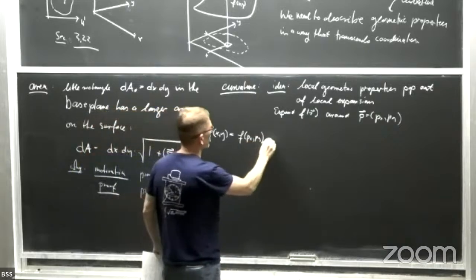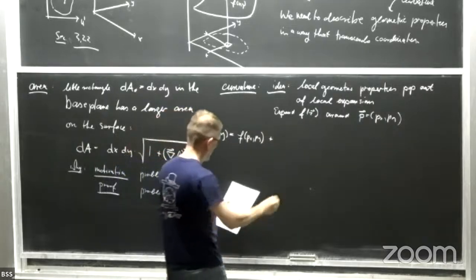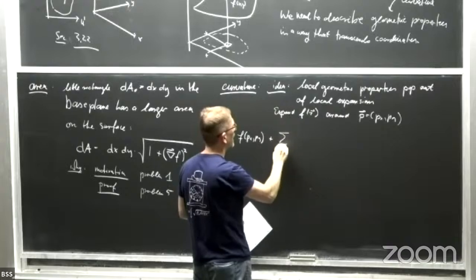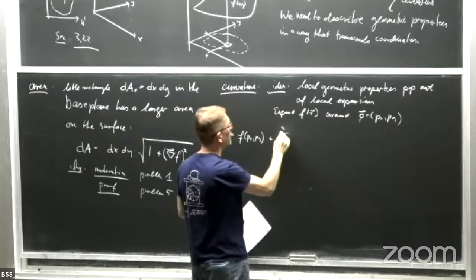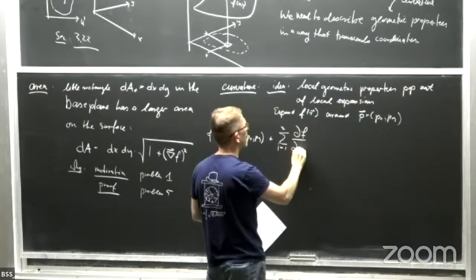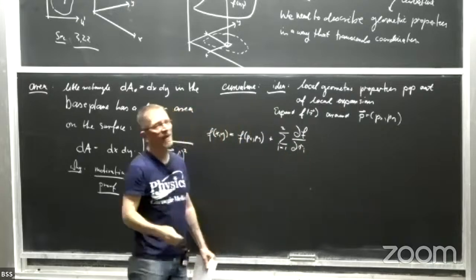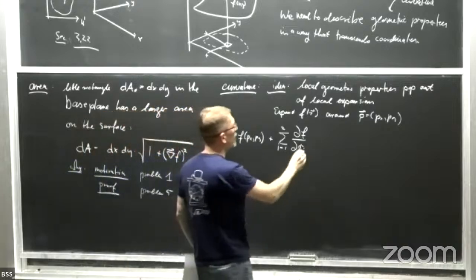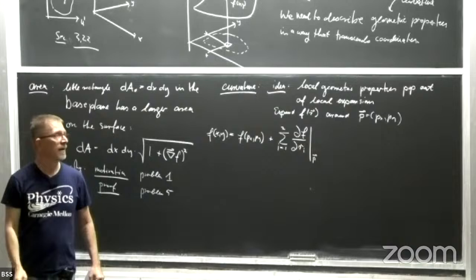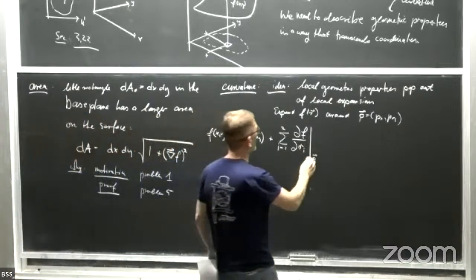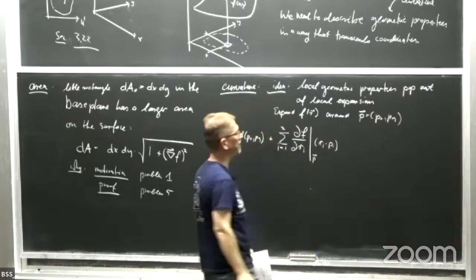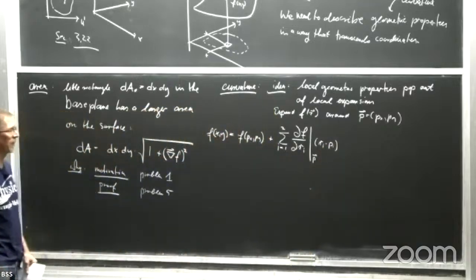Plus, now comes the first order term, which is, since we have two dimensions, x and y, a sum, i from 1 to 2, df by dri. ri is x and y. You need to evaluate this at the point P, because that's where we're expanding. And then you multiply it by the expansion distance, ri minus pi. And that's the linear term.